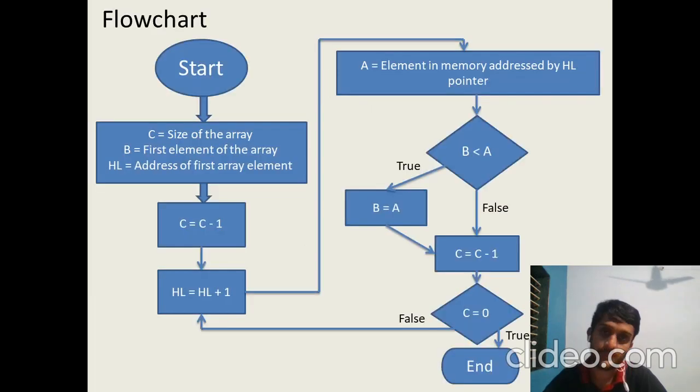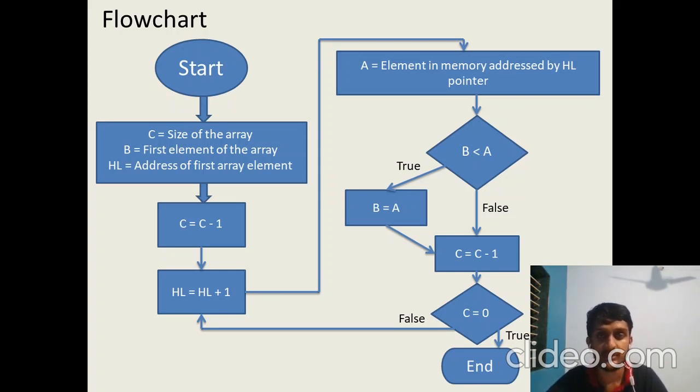So what we have at our hand is an array of dimension n, and we need to find the largest element in the array. The algorithm which we could think of is that first we will start with the first element and compare it with the second element, and we can store the maximum of the two elements in some register.